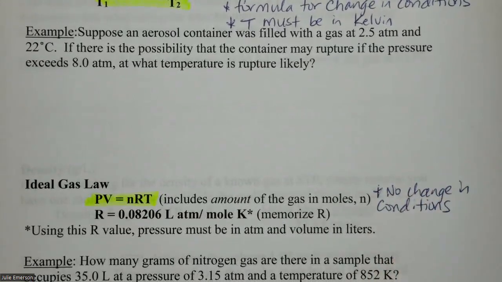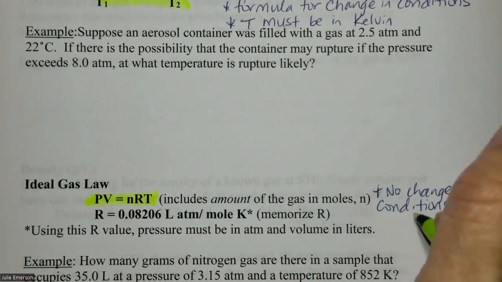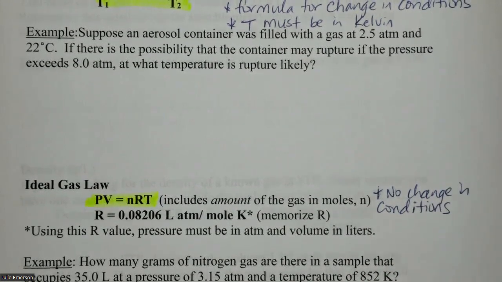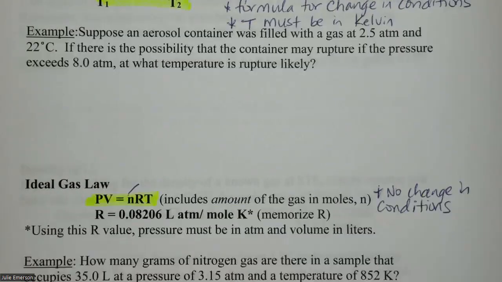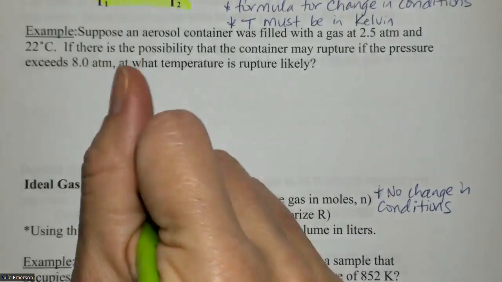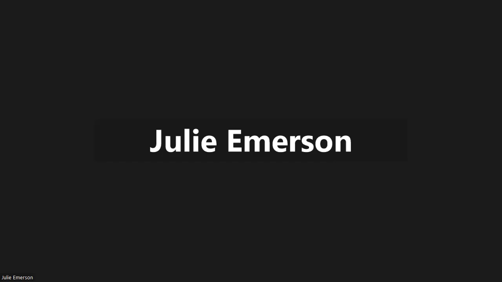There's only one pressure, one temperature, one volume. The other thing that's different here that we haven't seen in a gas law formula yet is that we have n. And n is moles. n is the moles of gas.